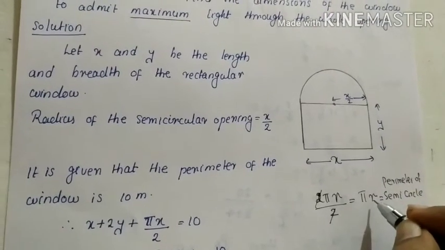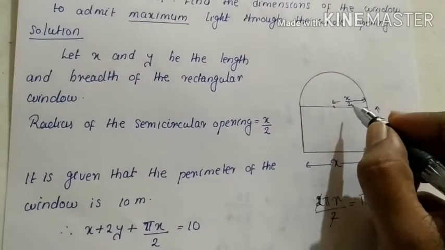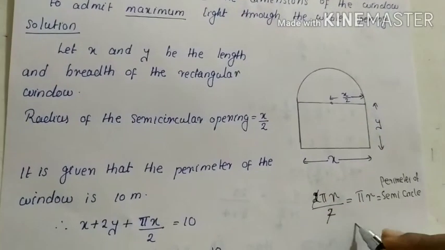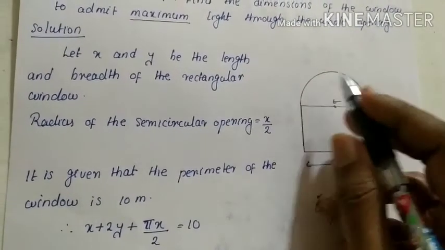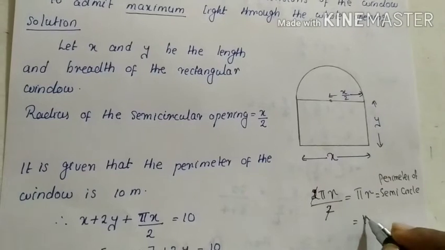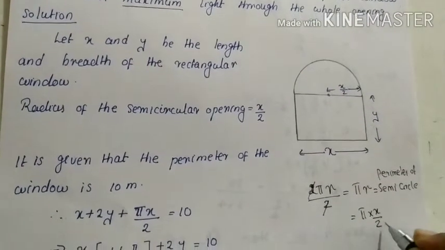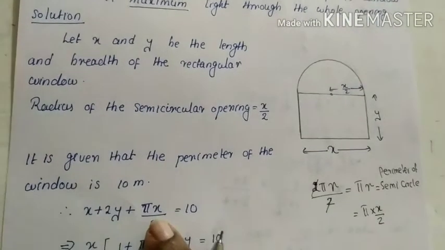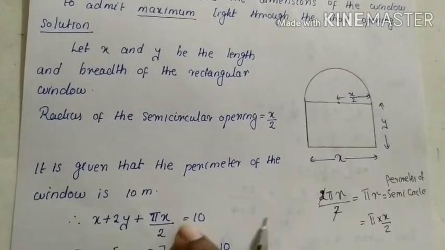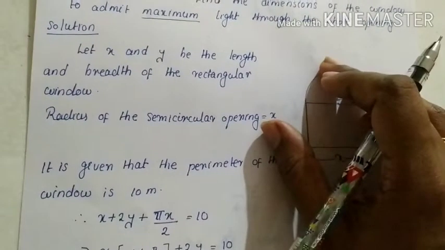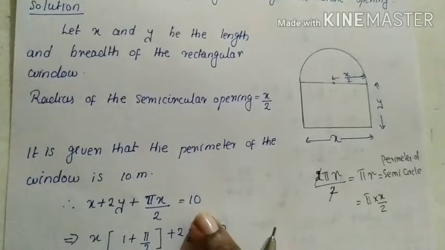Here r is the radius, and given that the radius is x by 2, the perimeter of the semicircular region is pi into x by 2. So adding this 2y here, we get the whole perimeter, which is given as 10.